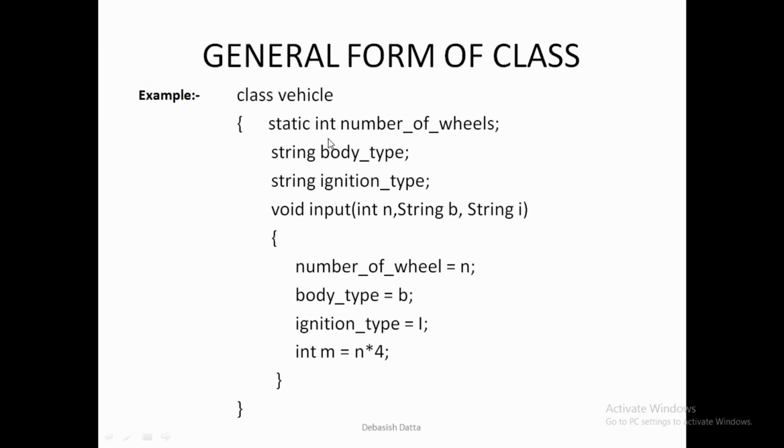Here you can see, if we want to declare a static variable, we just put the static keyword in front of its data type. So this becomes a static variable. Now, what will happen if a member variable becomes static?